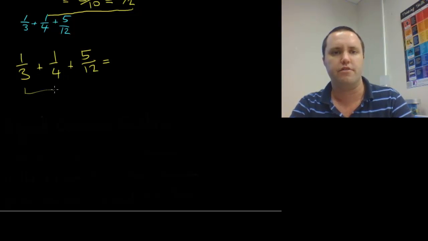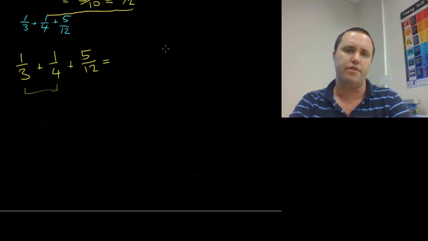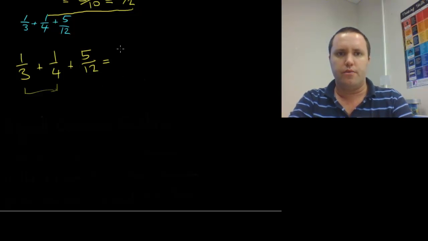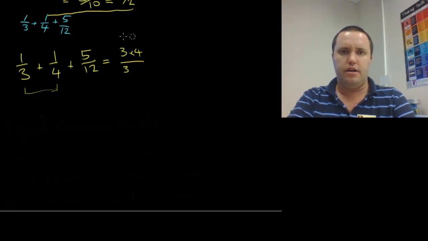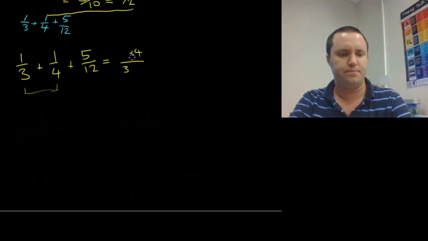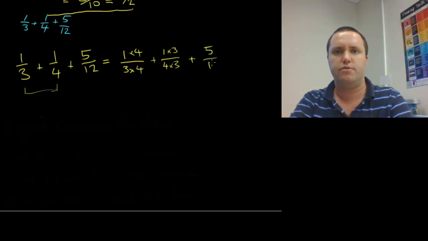We'll work on our 3 and 4 to start with, and there's a good reason for that, because the lowest common multiple of 3 and 4 is 12, which is what we'll be working with in the end. So we will have 1 times 4 over 3 times 4 plus 1 times 3 over 4 times 3 plus 5 over 12.